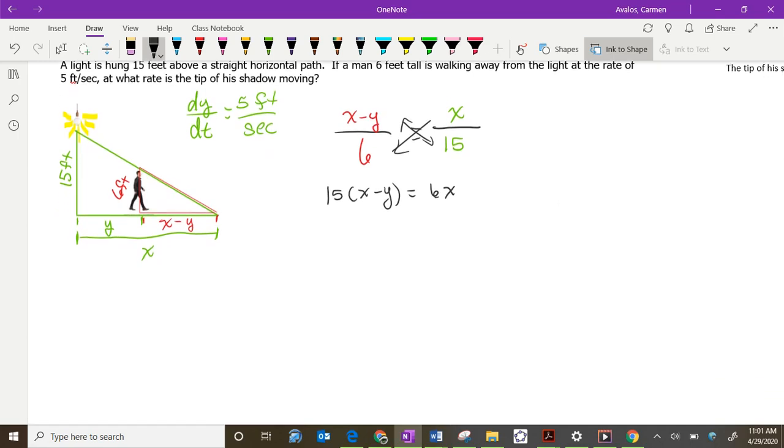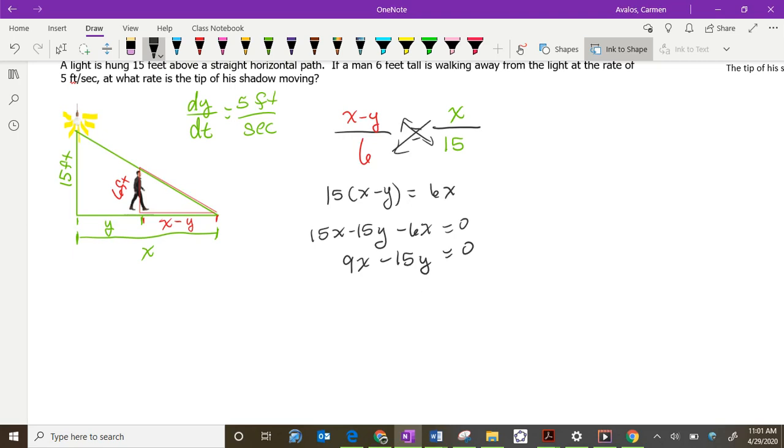Then we make it easier to manipulate, so we end up with 15X minus 15Y minus 6X equals 0. Combining these, we end up with 9X minus 15Y equals 0.